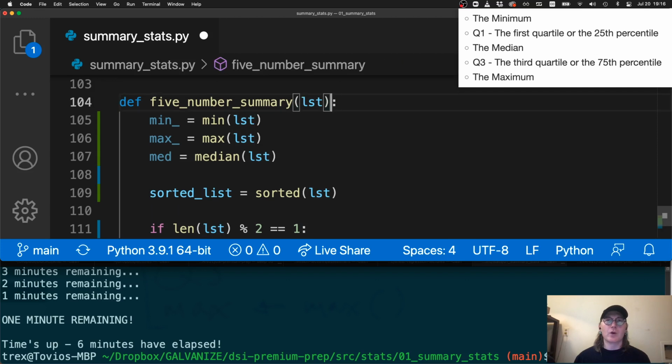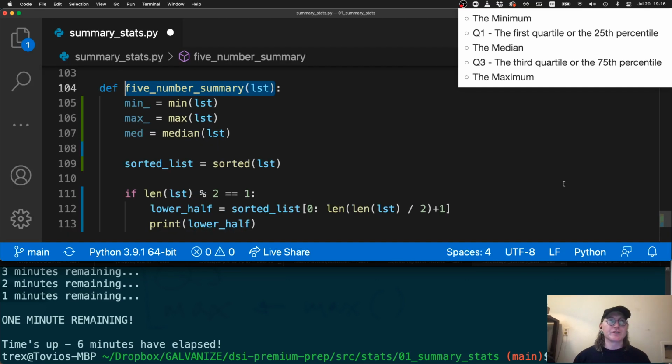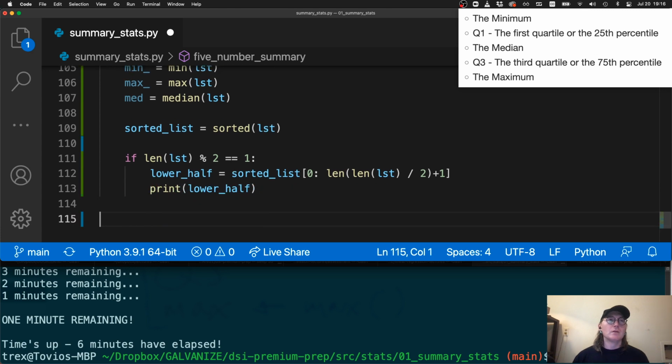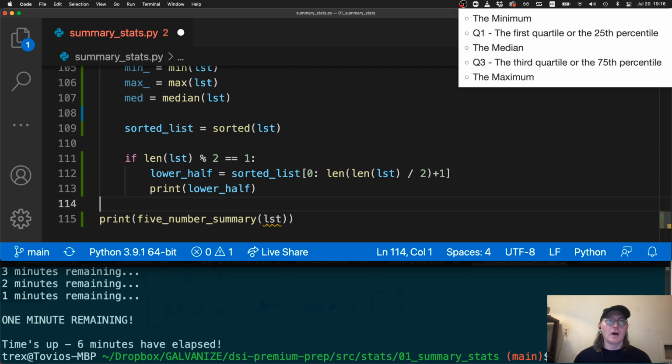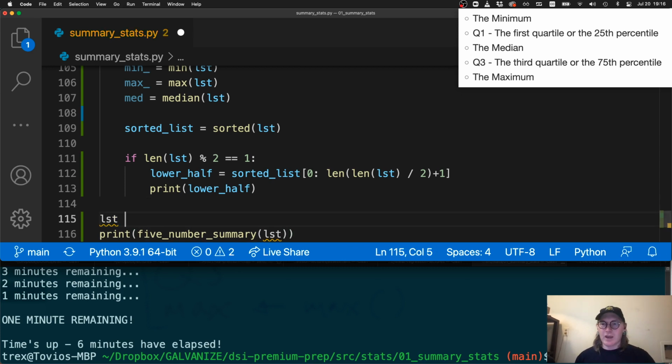So I'm going to go ahead and call this function, make this a little bit smaller, and I need to generate a list. Let's generate something much simpler. Let's do the range from 0 to 50, and we'll go by 5s, and I'm going to listify that.